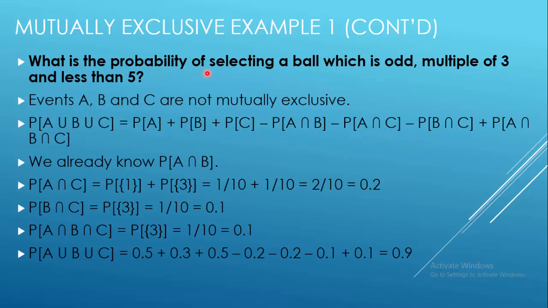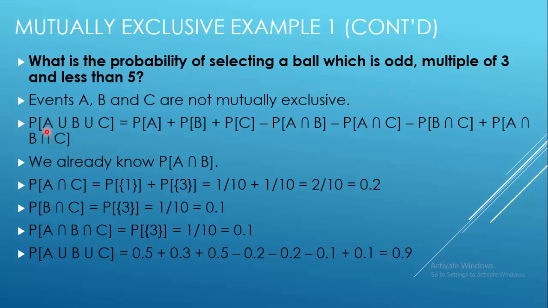What is the probability of selecting a ball which is odd, a multiple of 3 and less than 5? Events A, B and C are not mutually exclusive, because if you select 3, it is odd, it is a multiple of 3 and it is also less than 5.